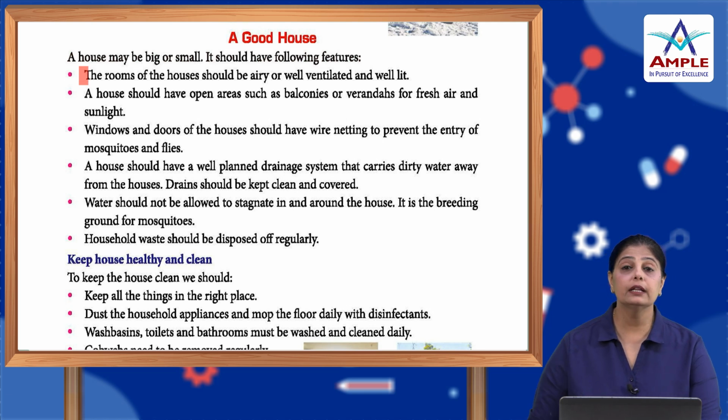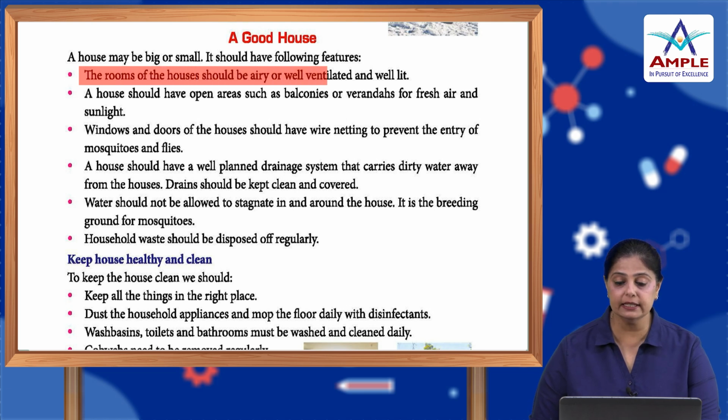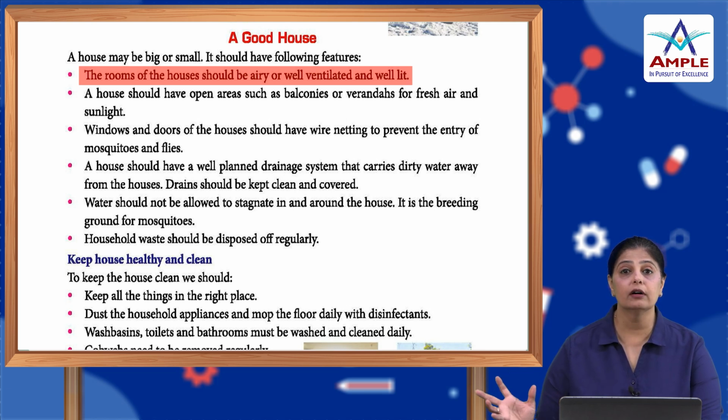Now, the rooms of the house should be airy or well ventilated and well lit. Airy as in there should be windows, there should be doors and there should be air that can flow through the entire house. It should be well ventilated. That means there should be scope for the air to move around in the house, and the bad air goes out of the house also.